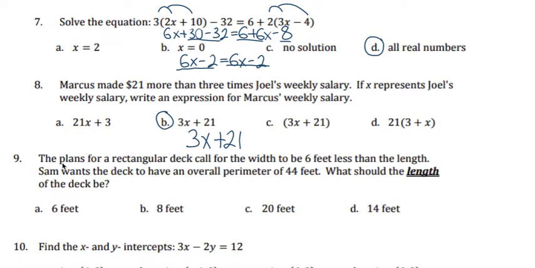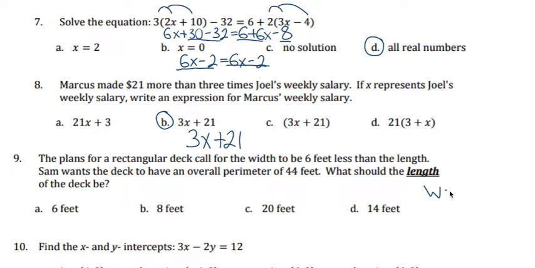Number 9. The plans for a rectangular desk call for the width to be 6 feet less than the length. Sam wants the desk to have an overall perimeter of 44 feet. What should the length of the desk be? Well, it says that the width is 6 less than the length.